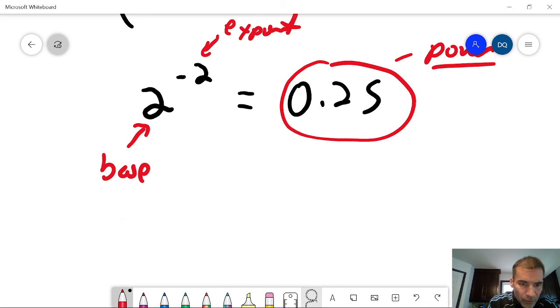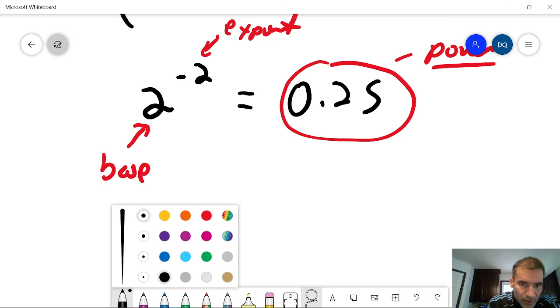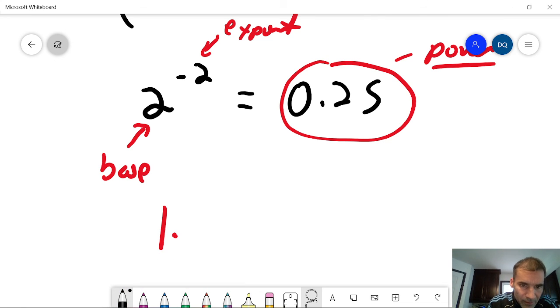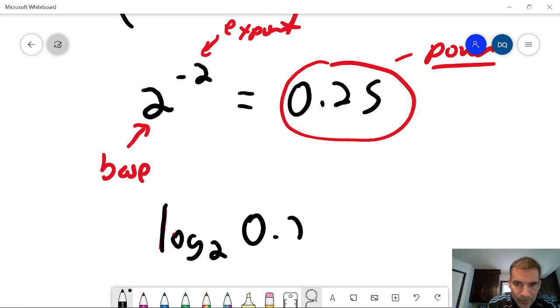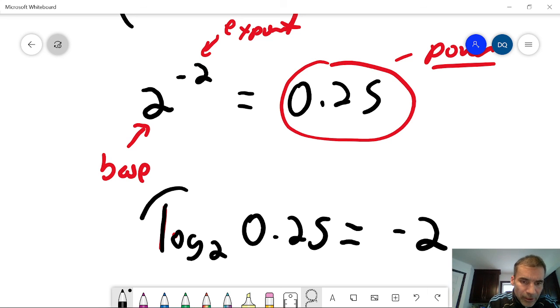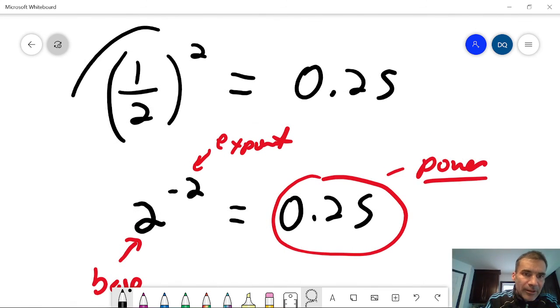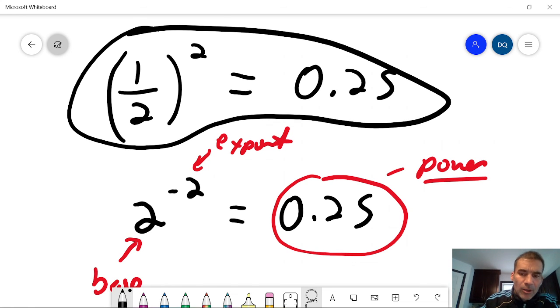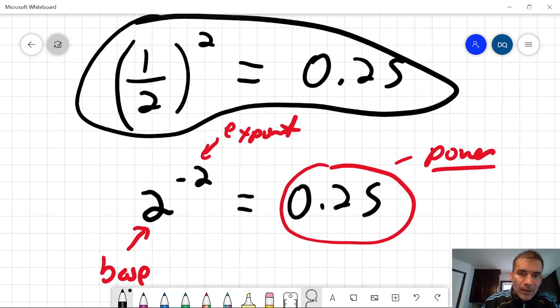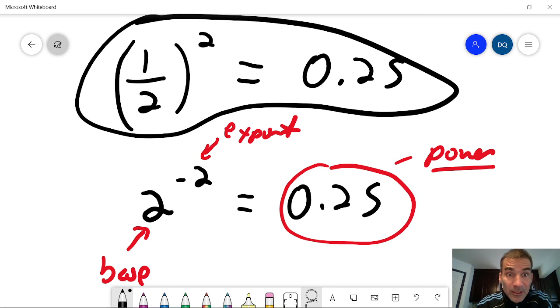To put this in log form, we take the base 2 log of our power, and that's equal to the exponent. We're done. So writing this is equivalent to writing that. This is the log form of this exponential equation.